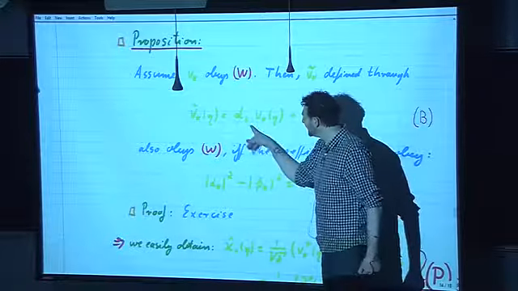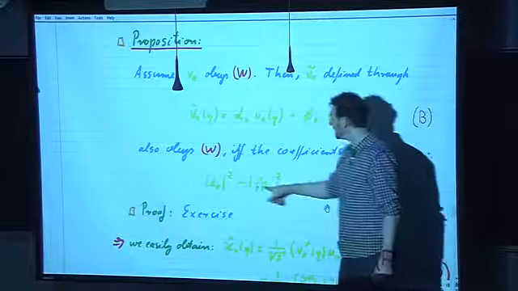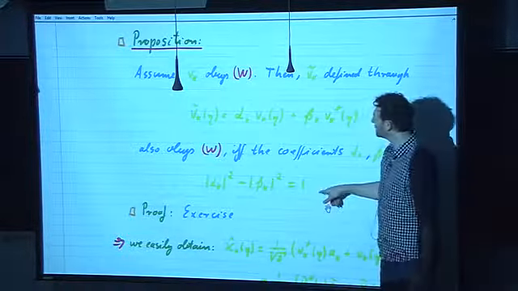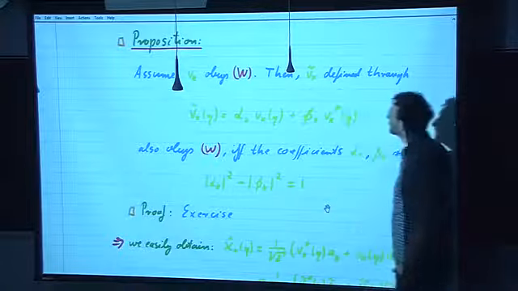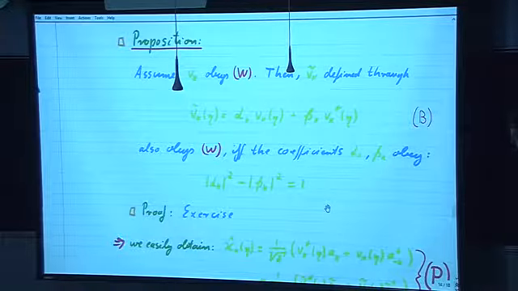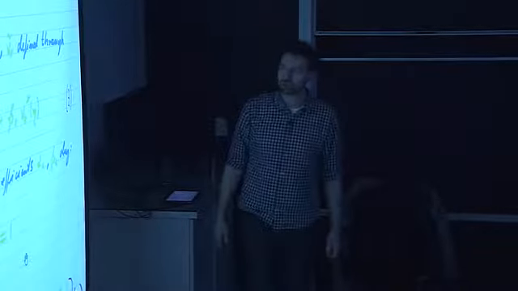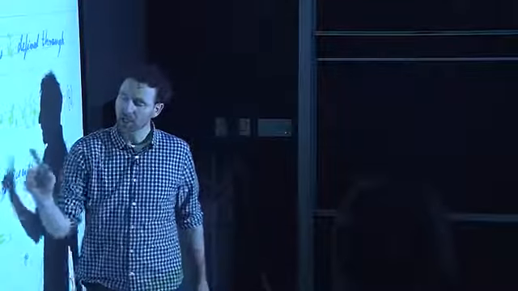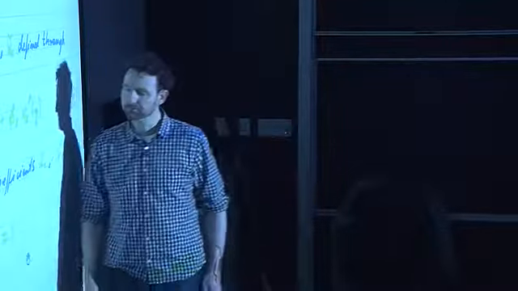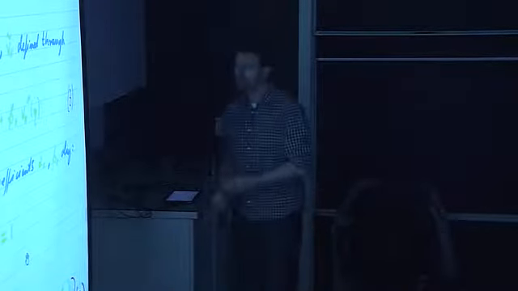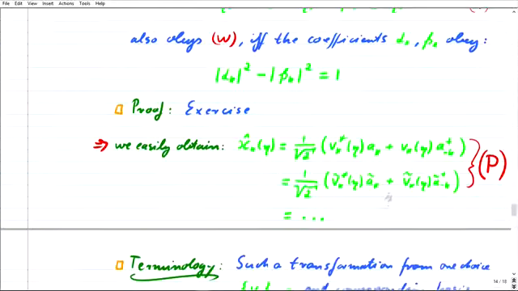But you also need that the alpha and beta coefficients obey that, so that if this is a solution to the Wronskian condition, this is also a solution to the Wronskian condition. So in order to go from one eligible set of mode functions to another eligible set of mode functions for quantization, you need that the linear combination is not arbitrary, but obeys that condition. Easy to prove. It's good to do it though, so I leave it to you as an exercise.